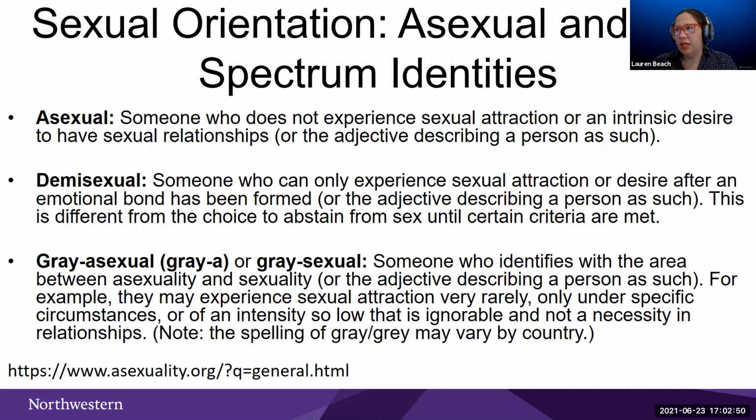You can also see this definition from AVEN, the Asexual Visibility and Education Network, whose website is asexuality.org. This definition also has, in addition to not experiencing sexual attraction, this other piece saying, or an intrinsic desire to have sexual relationships, or the adjective describing a person as such. So this is a broader definition.